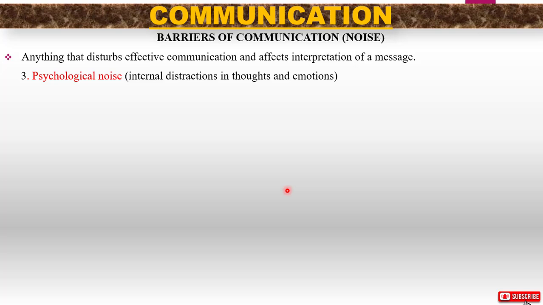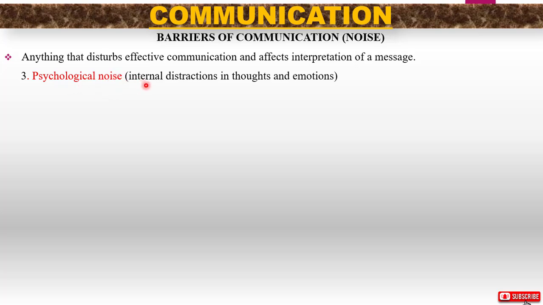Let us look at the next type of noise, which is the psychological noise. These are the internal distractions in thoughts and emotions. So anything that happens within your mind or your emotions which affect how you perceive information can be classified as a psychological noise.